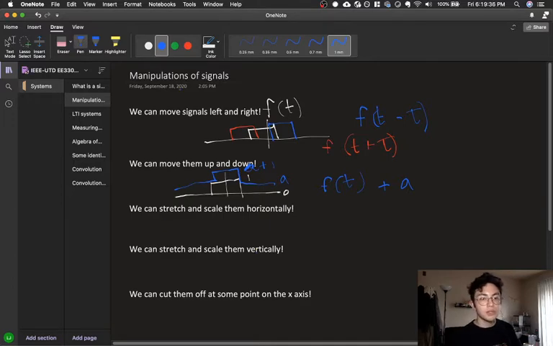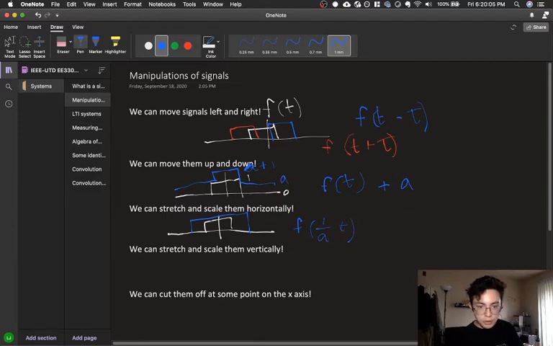We can also do things like stretching and scaling them. We can stretch them horizontally, outwards, so that they look larger. If we have a box again, we can stretch it out by multiplying by some constant that is less than 1, so f of 1 over a times t.